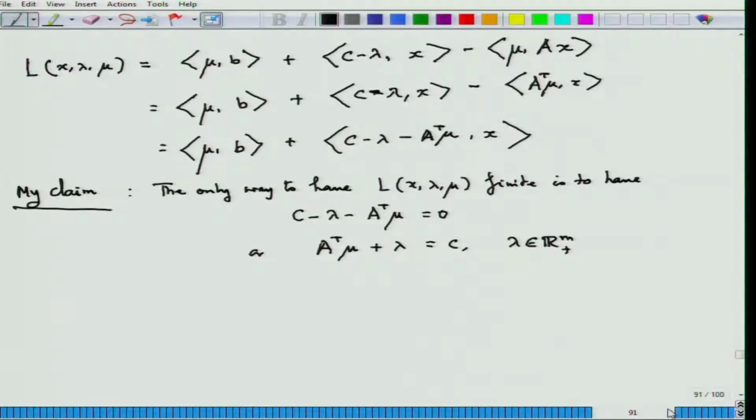So, this is my claim. Let me see how good is this claim. Is it a correct claim or a wrong claim? I have no idea. Now, suppose this is not 0.